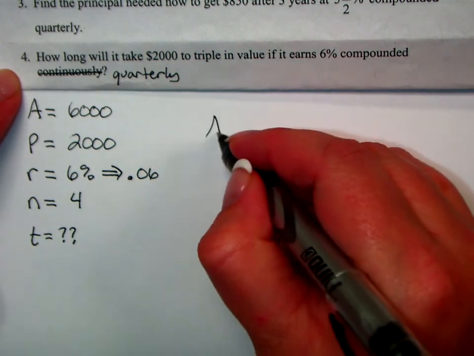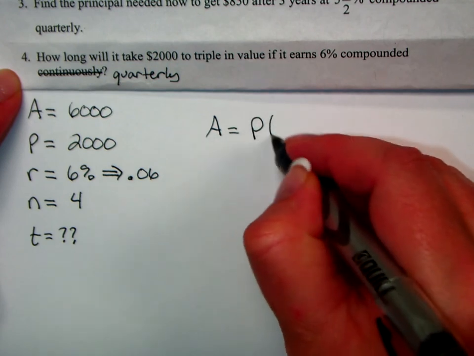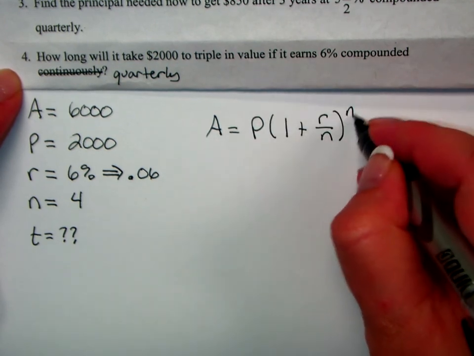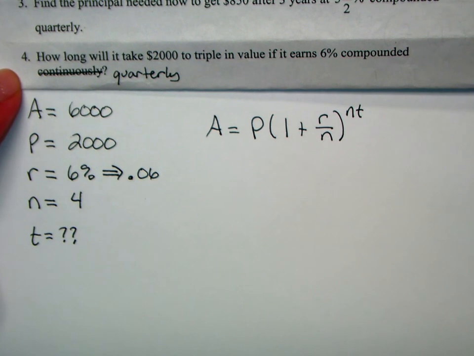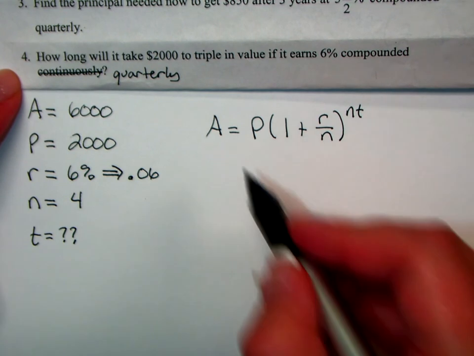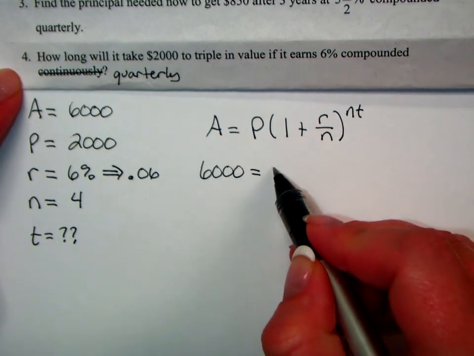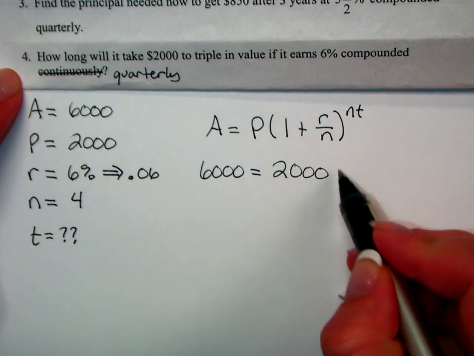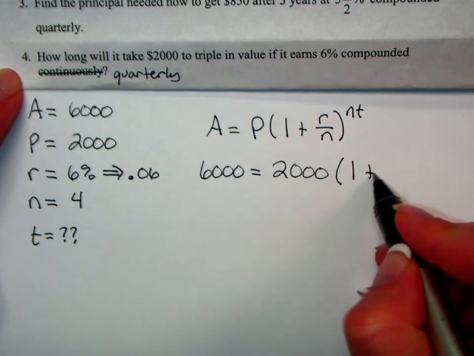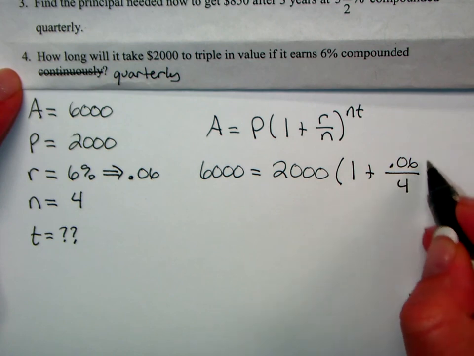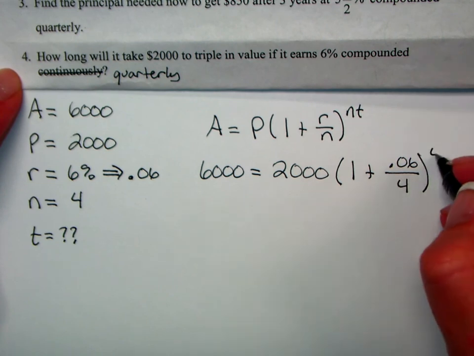So again, I'm going to write down this equation, and we're going to solve for t here. A is 6,000, the principal is 2,000, 1 plus 0.06 divided by 4, raised to the 4t.